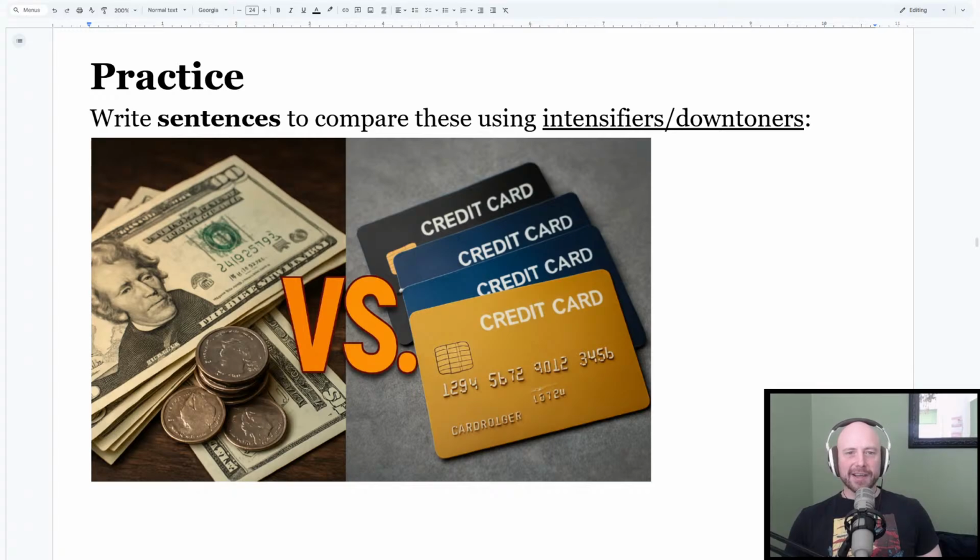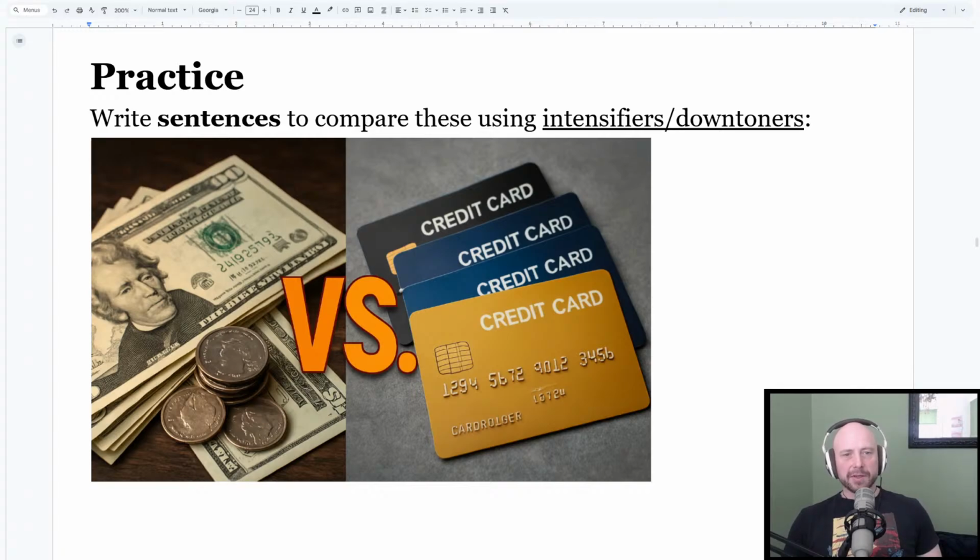Cash versus credit cards. So what can we say about cash versus credit cards?